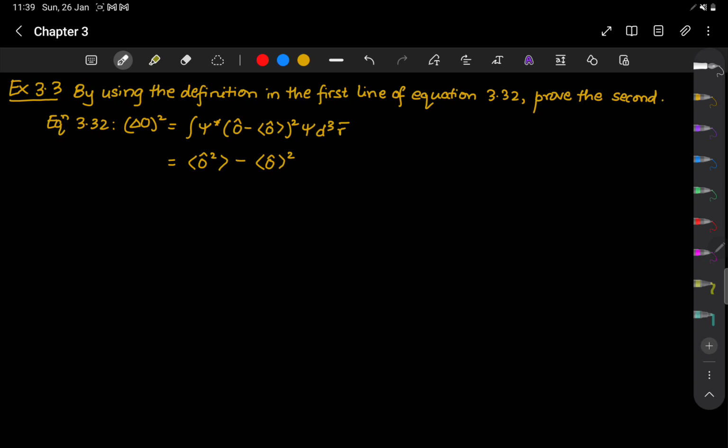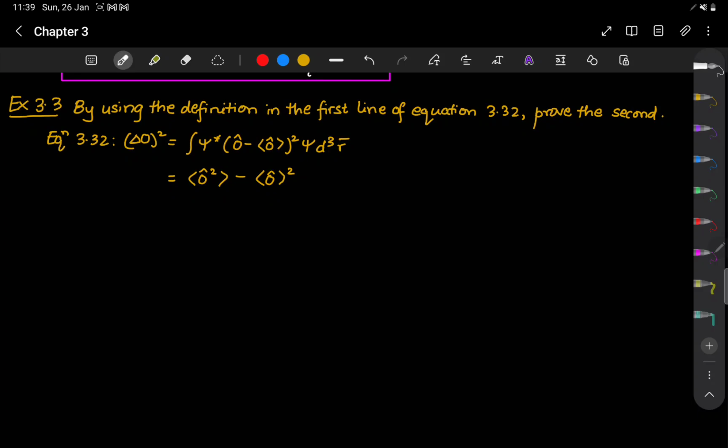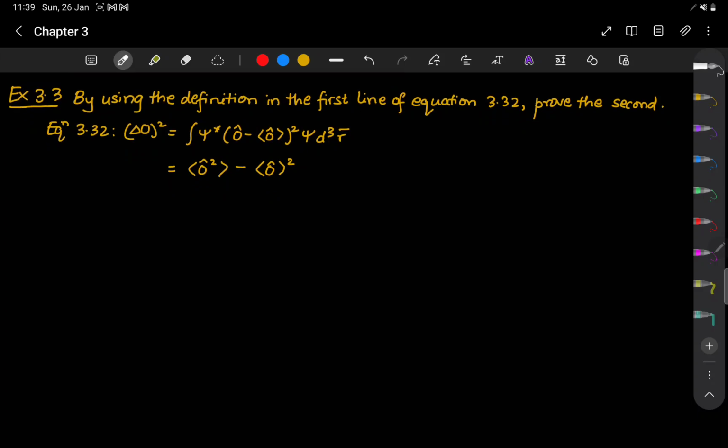So O squared is also another operator, which is operator O followed by another action of the same operator O, minus expectation of O squared. So this is what we need to prove. Starting from this line, we need to go to this line.